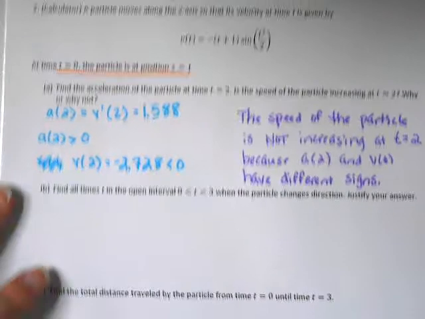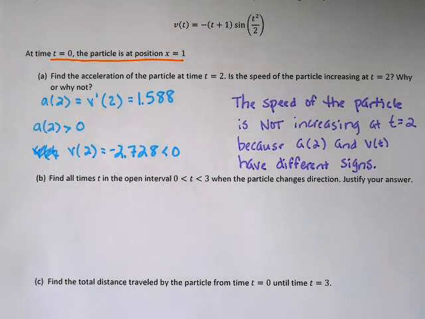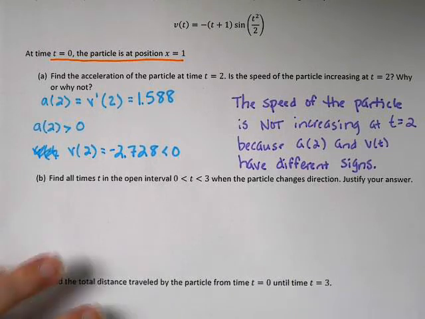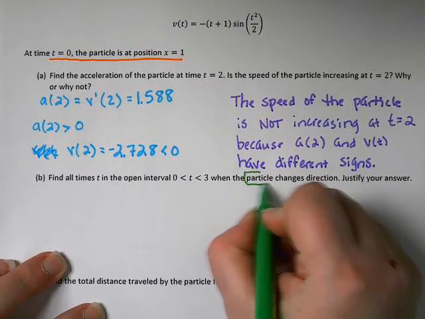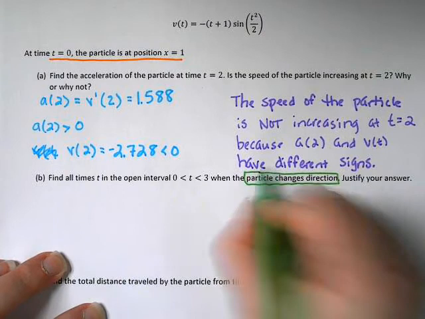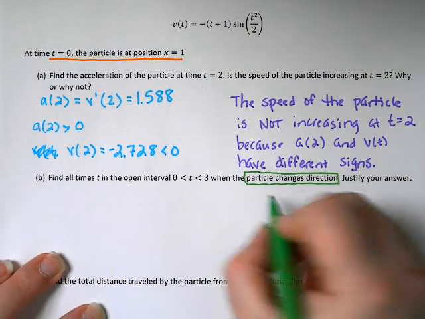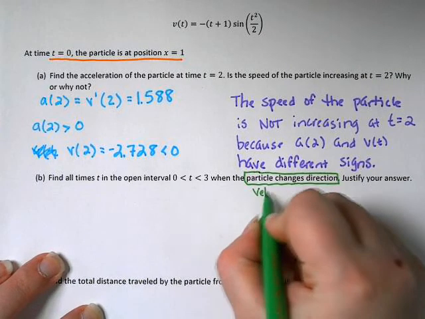All right, for part B, it says find all the times t in the open interval from 0 to 3 when the particle changes direction. Justify your answer. So if I'm looking for when the particle changes direction, it means that I'm looking for when the velocity changes sign.